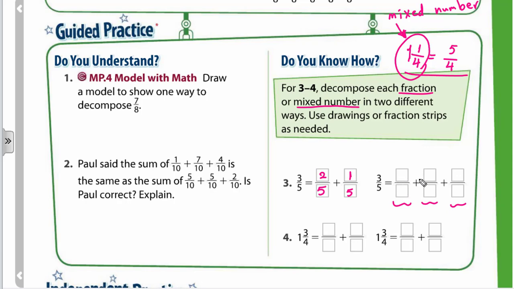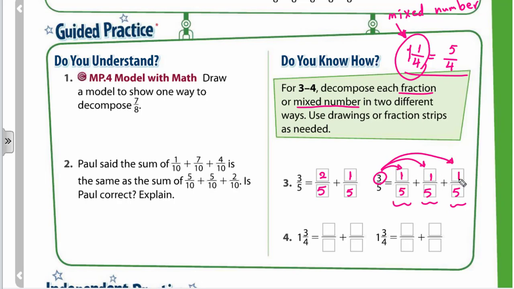We agreed that the denominator is the same, right? Yes. So I will write 5 in each denominator. Now, break the 3 into 1 plus 1 plus 1.